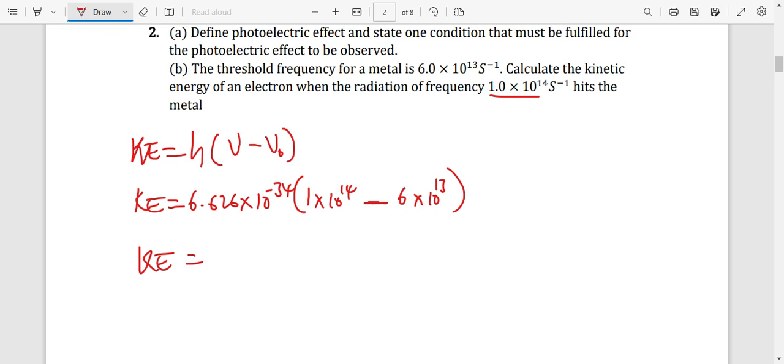1.0 times 10 to the power 14 minus 6.0 times 10 to the power 13.